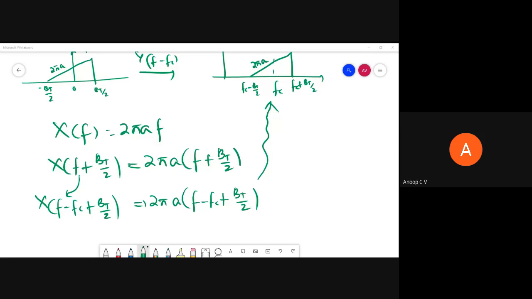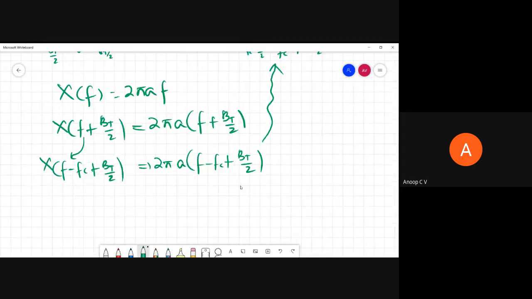But did you understand the difference between 2 pi af, 2 pi af plus bt by 2, and 2 pi a f minus fc plus bt by 2? Are you able to appreciate the difference between these three signals? Okay, so the first tedious part is done.